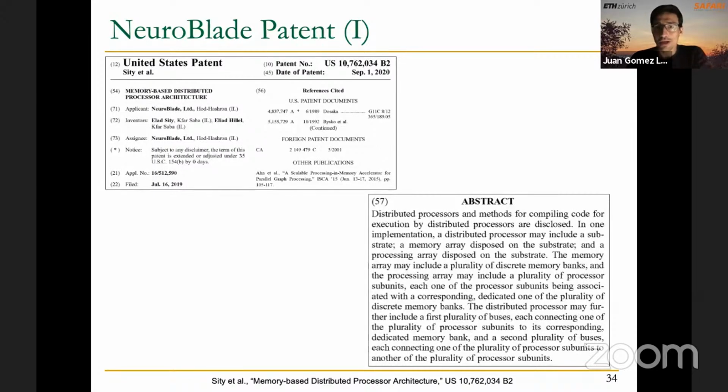I don't know how much the patent really represents the actual system, but it can give us a few ideas about how this is built, and it's also interesting to identify the commonalities and differences between this processing in memory system and other processing in memory systems. If we check the abstract, we can see that this is a distributed processor.